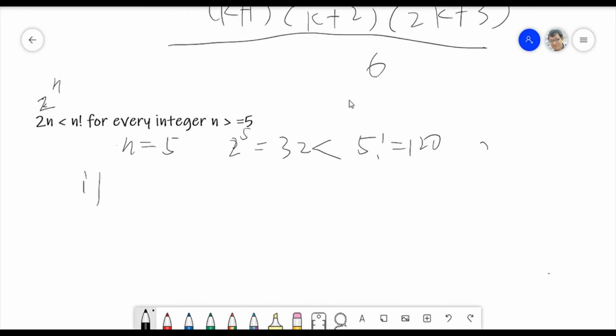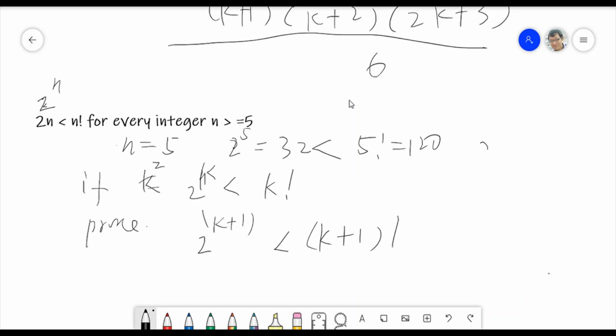So if 2 to the kth power is less than k factorial, then prove 2 to the k plus 1 is less than k plus 1 factorial.